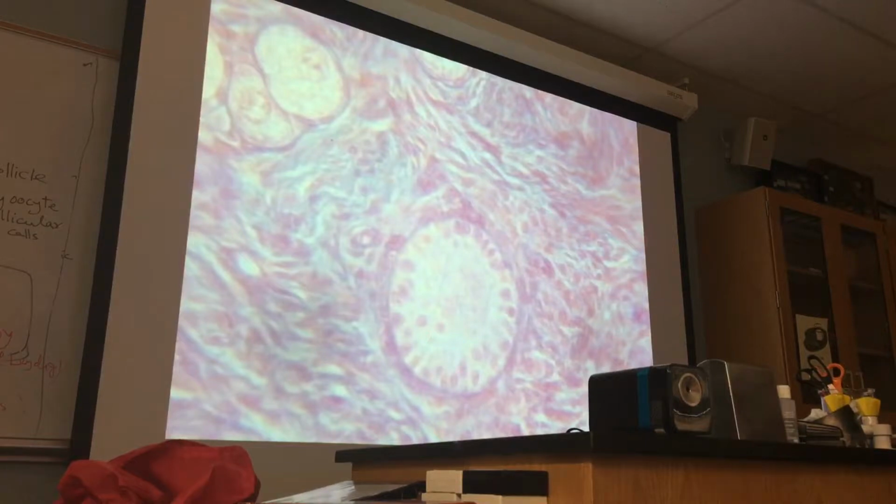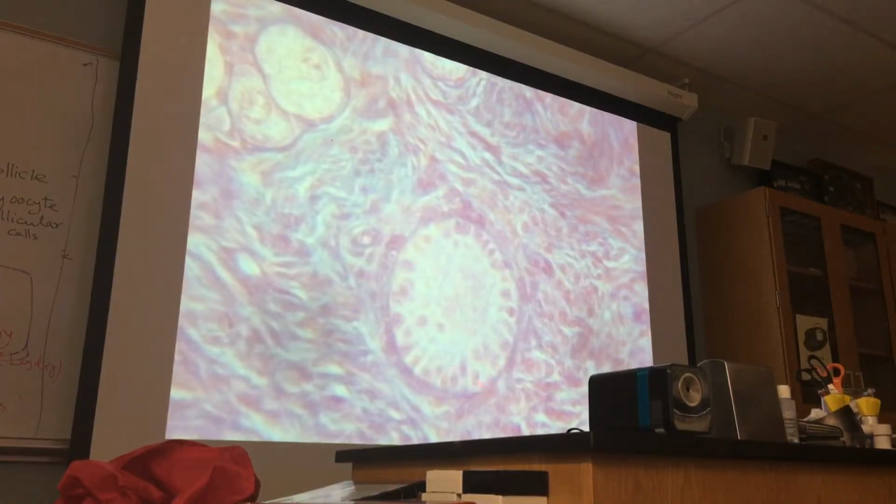When you see the multi-layered nature here, then this is no longer a primordial follicle. The whole thing is known as primary follicle. This whole structure is a primary follicle containing the gamete, which is the primary oocyte, and the granulosa cells.